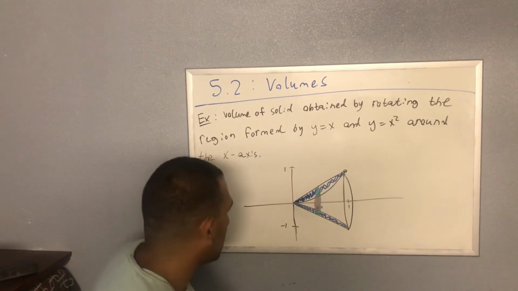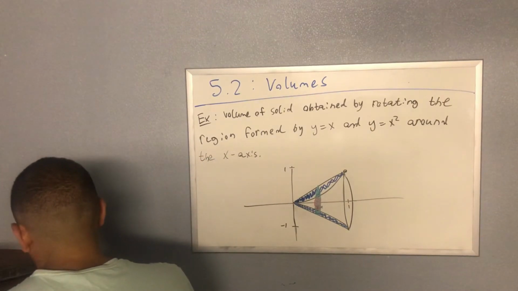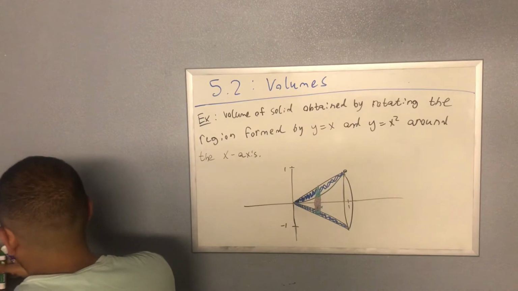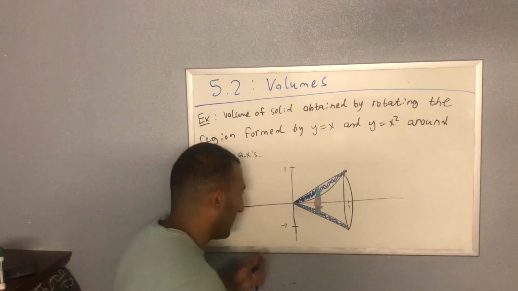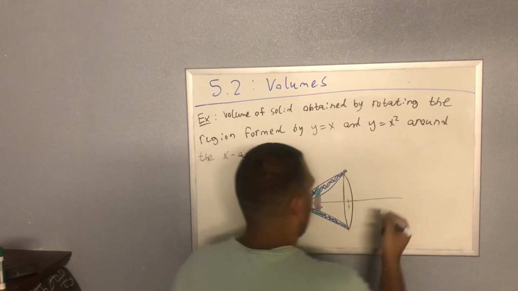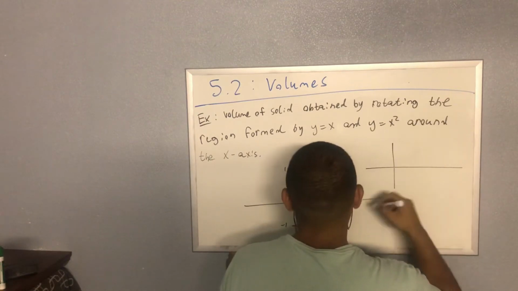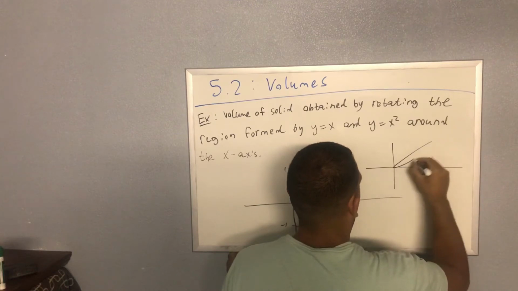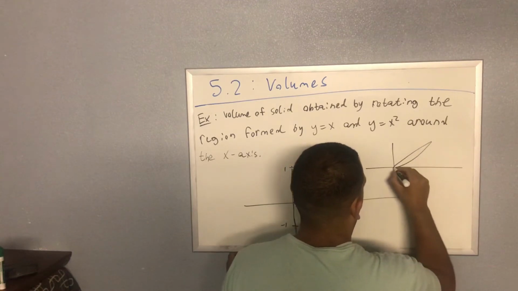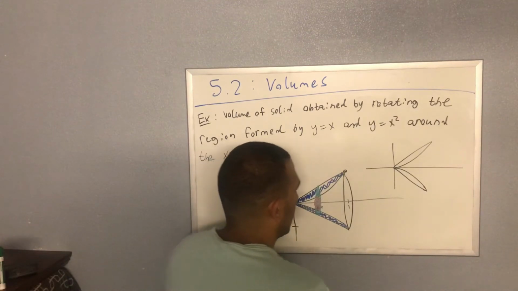So how do we do this? So let's think about what we're doing. Let me redraw this. And so, let's see the best way to do this. Okay, redraw this.